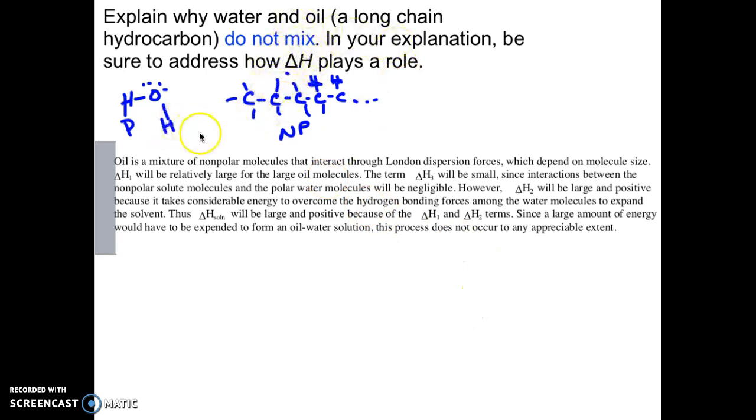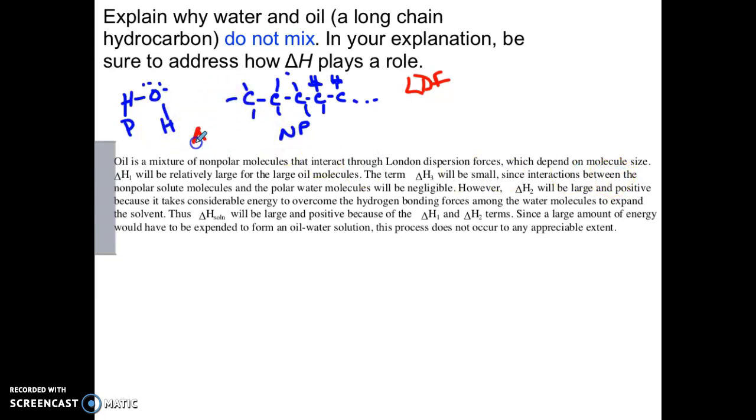Well, the answer is really in the structure. Oil, as we had said, is a mixture of nonpolar molecules that interact mainly through what we would call LDF, London dispersion forces, okay, which depends on the molecule size. The delta H1 will be relatively large for oil molecules. The term delta H3 will be relatively small since the interaction between a polar and a nonpolar, that doesn't want to happen.